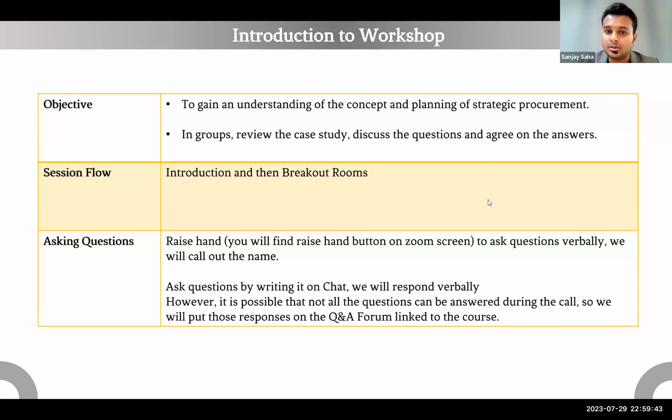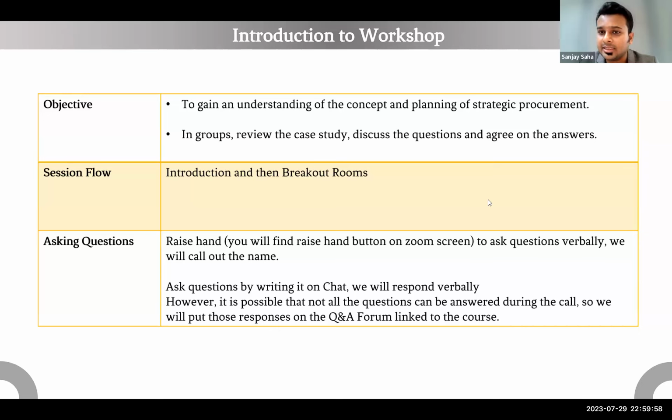Okay, so when we talk about strategic procurement, it is more about an organization or a system collectively deciding on some strategic choices of how you want to organize your procurement system.